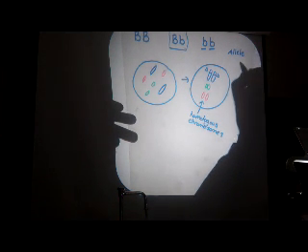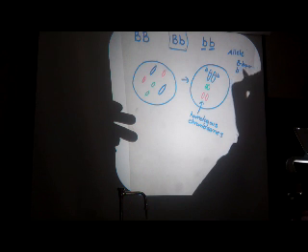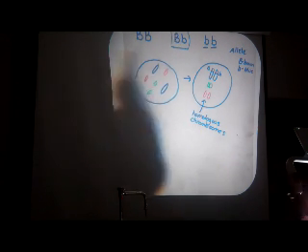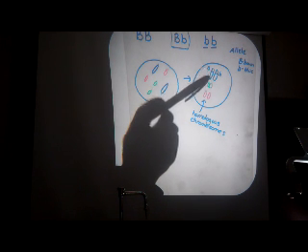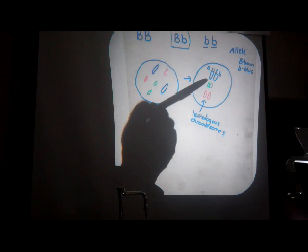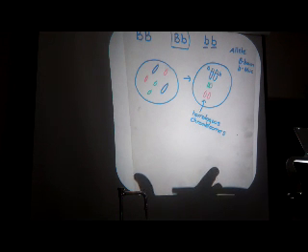Maybe the big B stands for brown eyes. The little b stands for blue eyes. So this pair of homologous chromosomes at the very top has one allele for that trait. Okay, keep that in the back of your mind. I'm going to keep going here.